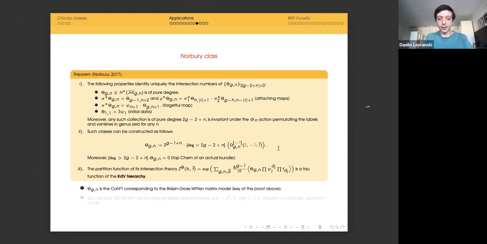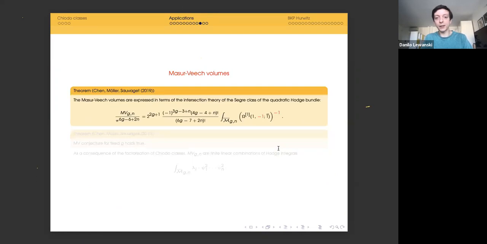Well, you've seen many of these yesterday, I believe, so I will not repeat. And then Masur-Veech volumes, Alessandro will speak a lot about them, but I just want to mention in relation to Chiodo classes that the Masur-Veech volumes, up to some normalization with pi and some prefactor that doesn't matter, are equal to, again, the integral of a Chiodo class.